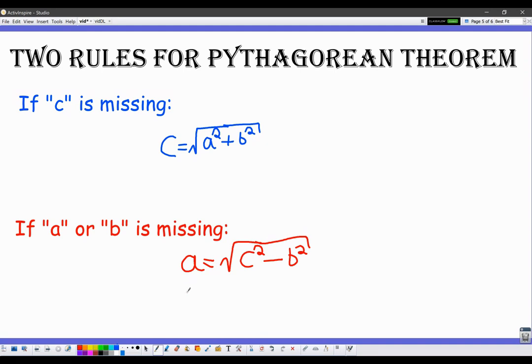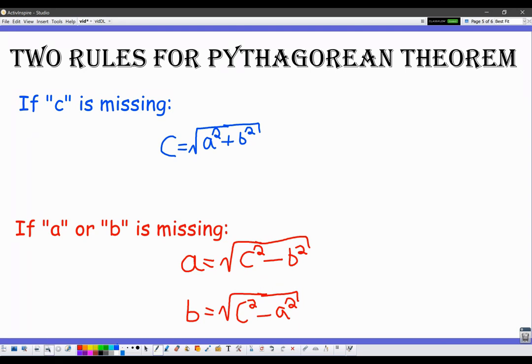Now, what if I want to find B? Well, A and B simply switch places. So B equals the square root of C squared minus A squared. So these are some very calculator-friendly formulas that you can plug the numbers straight into the calculator and get an answer from that.